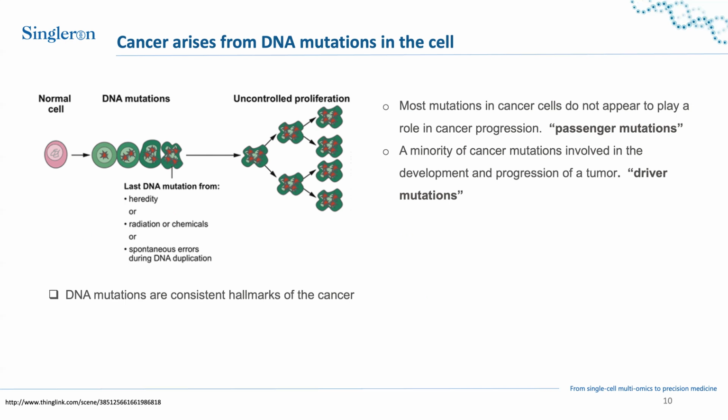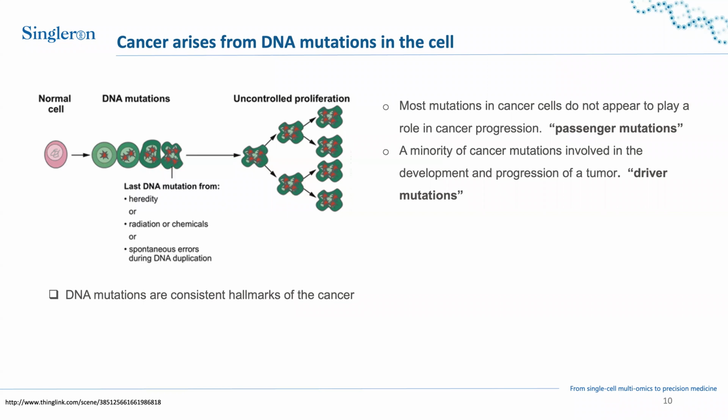These are, for example, mutations in genes that control cell growth or cell death or DNA repair. Those mutations might allow the cells to grow and divide at a really rapid pace and form a tumor.